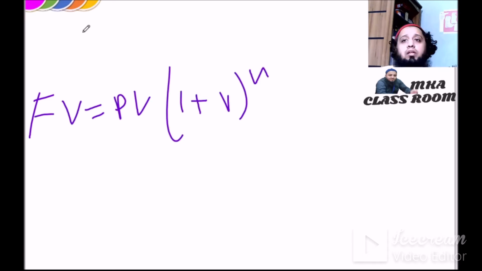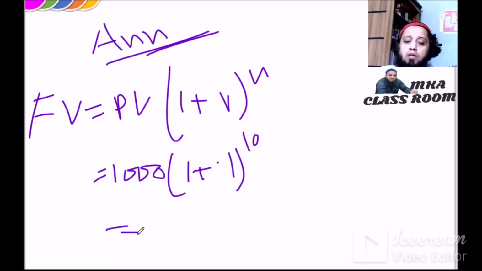Here the first portion is annual compounding. So, 1000 times (1 plus 0.1) power 10. So, what will the result be? 1000 into 1.1 power 10.